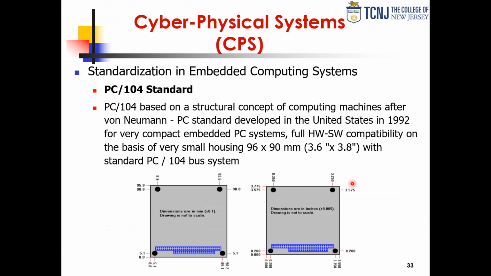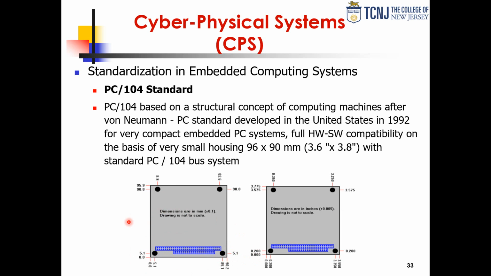This is an actual board with specific mechanical interfaces. The holes had to be what they needed to be. The connector had to be at that point. It had to have this structure at the connector, and it was very small.